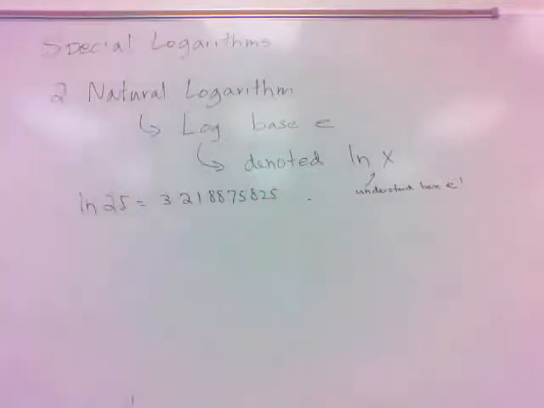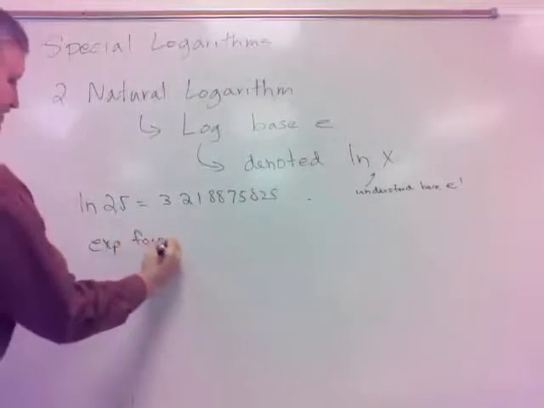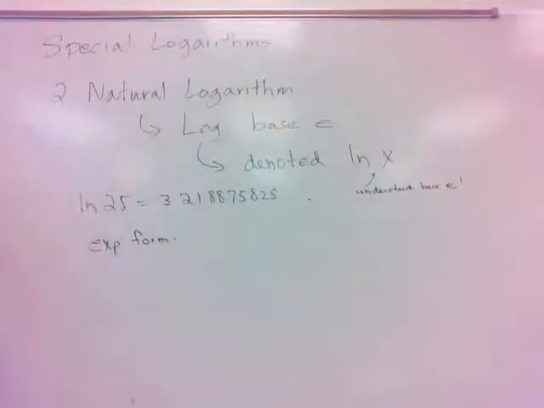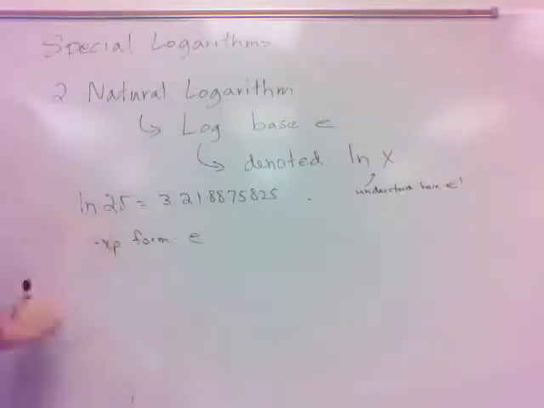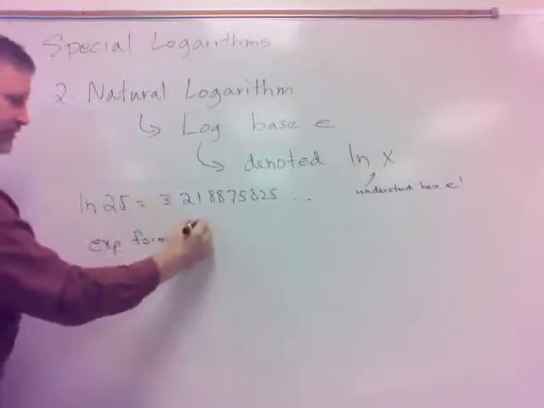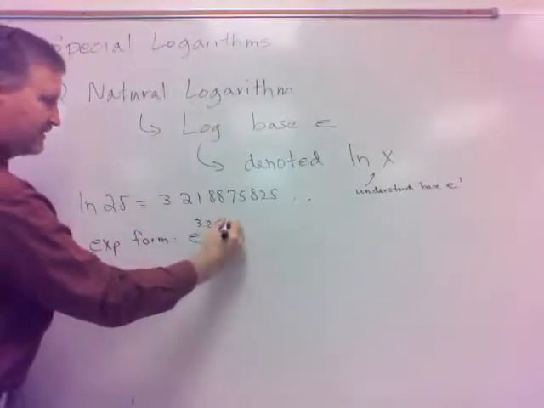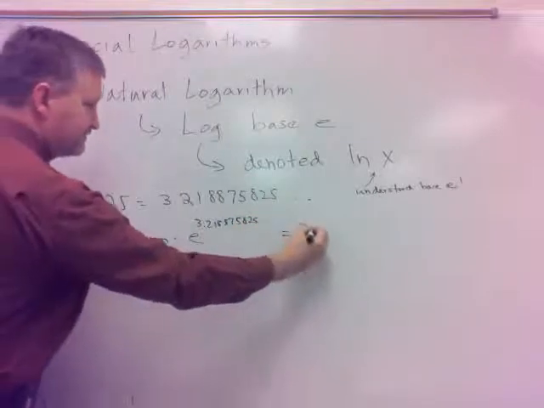That's what my calculator shows. What's that in exponential form? Well, again, there's not a base showing, but in exponential form, this is base e. So in exponential form, I put e to the 3.218875825 equals 25.